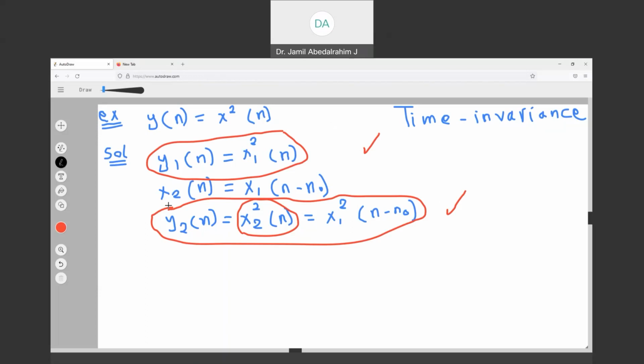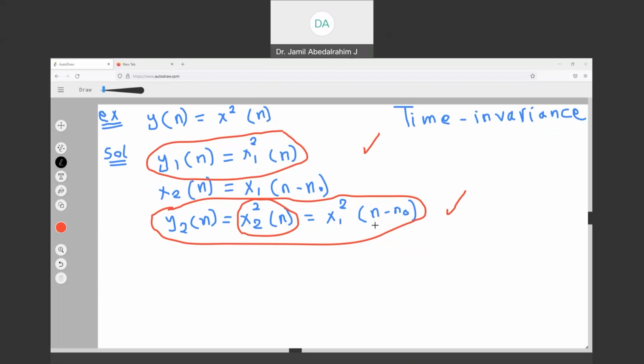Now, if we shift the first output by n naught, look what we have: the second output, which has been shifted by n naught.